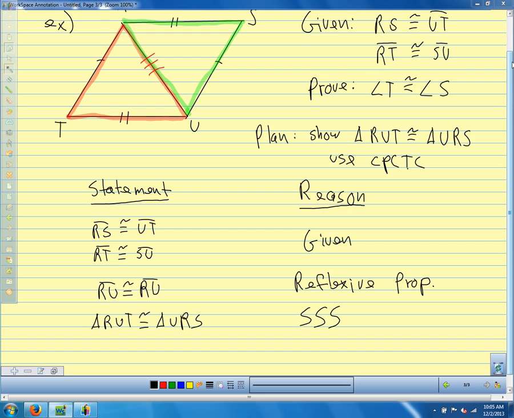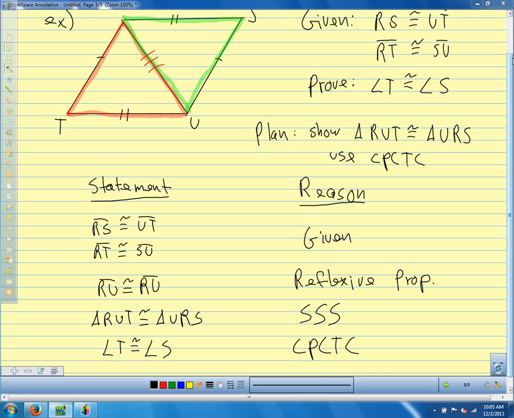And since the triangles are congruent, all the matching parts have to be congruent. So angle T has to be congruent to angle S by CPCTC. Triangles are congruent, so the matching parts have to be congruent. Matching, corresponding means the same thing. Questions there?